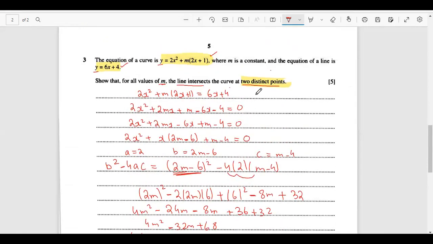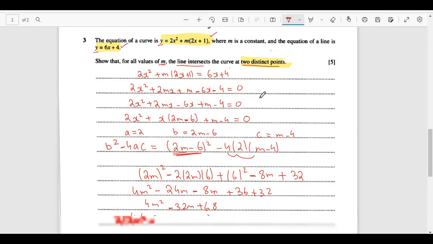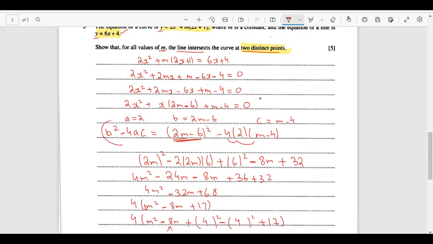Okay, all right. So here again we had a curve and a line, and this time around the question is similar but it is other way around. You need to prove that for all values of m, the line is going to intersect the curve at 2 distinct points, which means you need to prove that this discriminant is greater than 0.